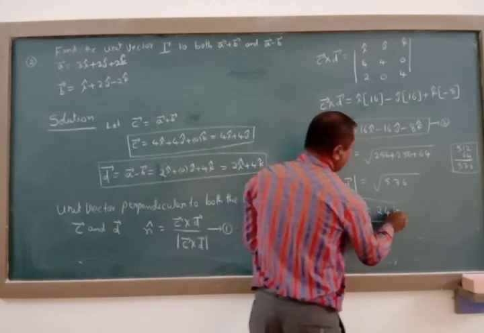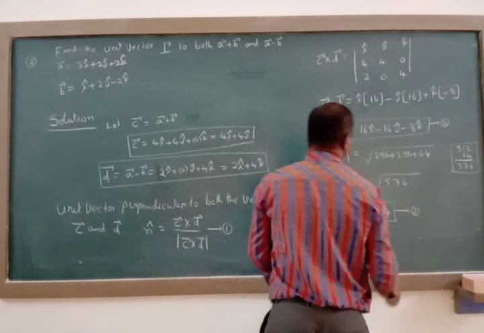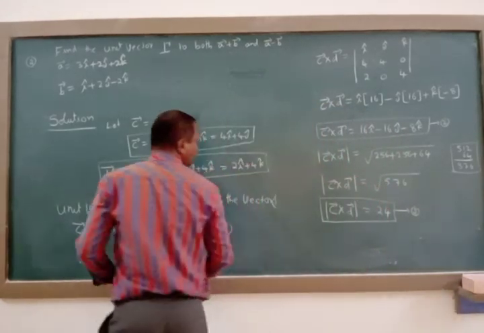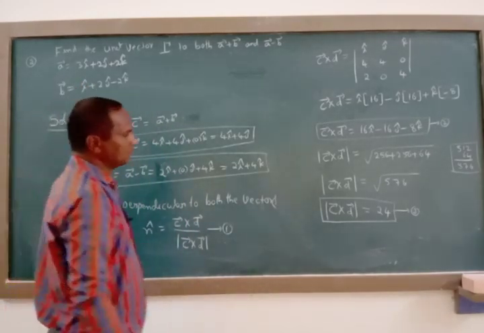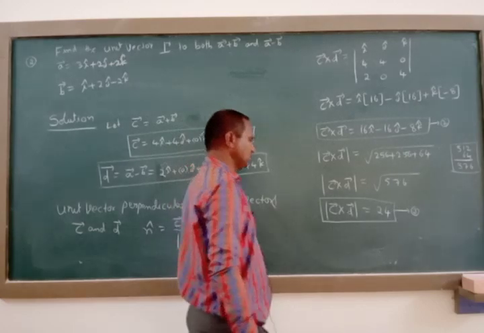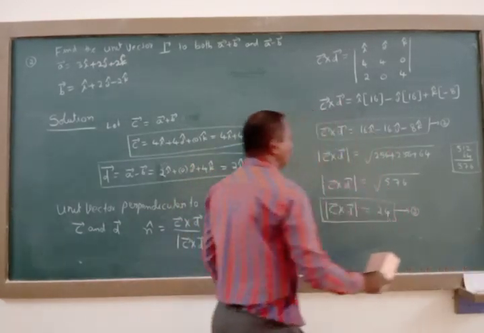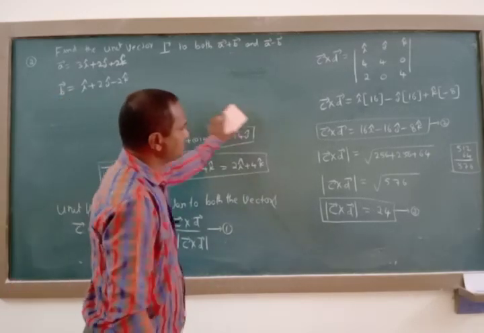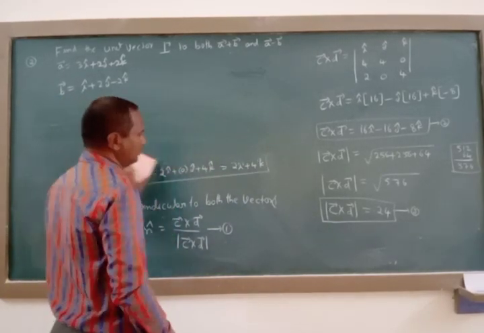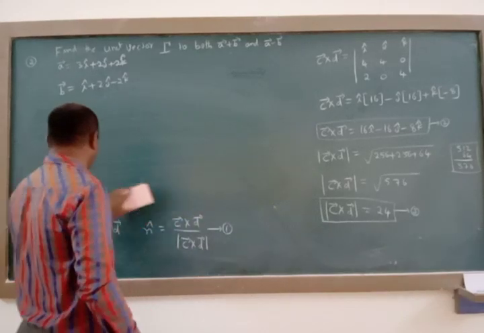It is number 3. Put these two values in equation number 1, then you will get the unit vector. The second equation is c vector cross d vector, and the third equation is the magnitude value.